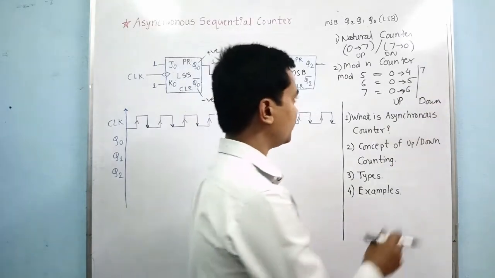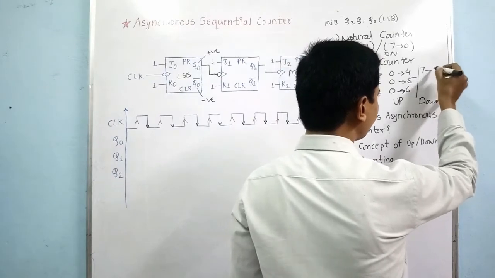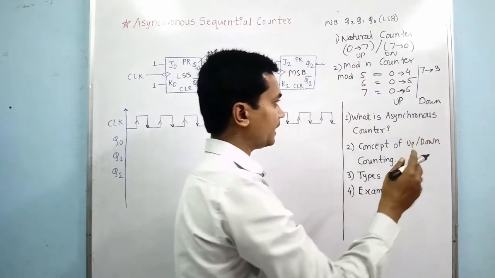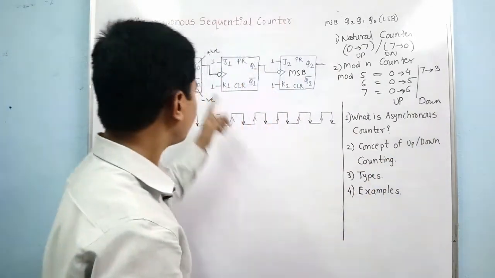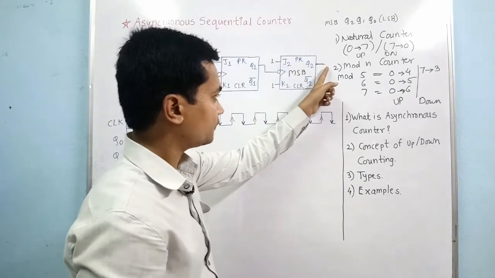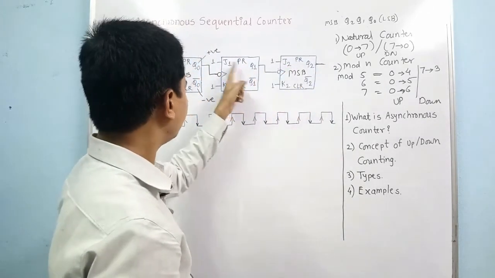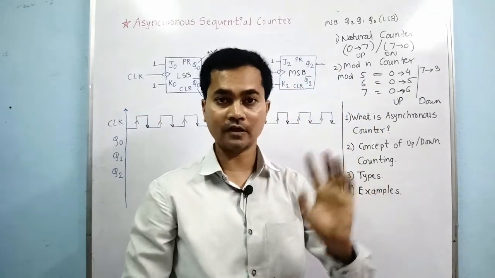So only these numbers will be counted: 7, 6, 5, 4, 3. And after 3, when the value 2 arrives at the output of these flip-flops, at that time the preset is activated, and due to this preset, the flip-flops output will be set again to 1, 1, 1.